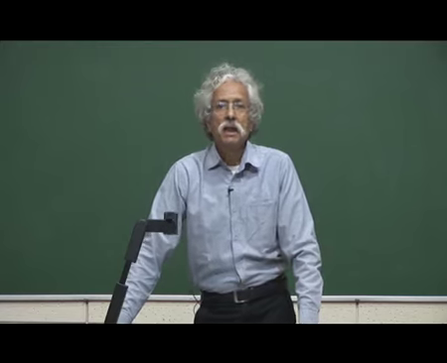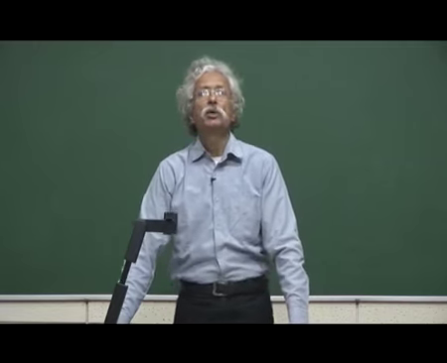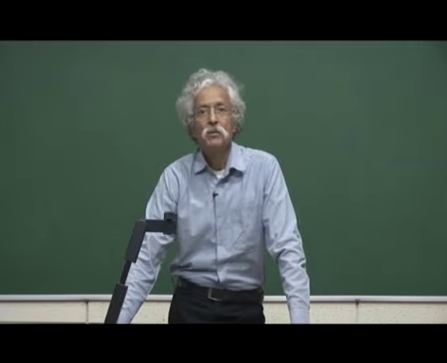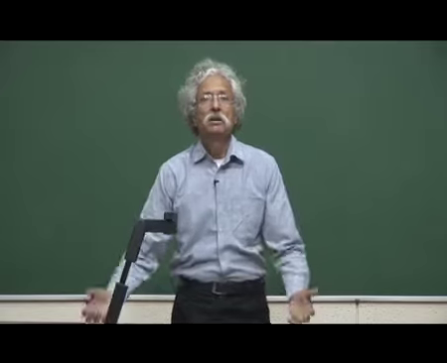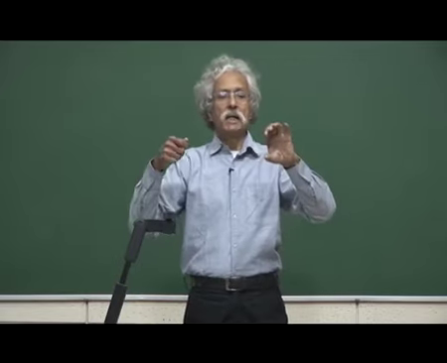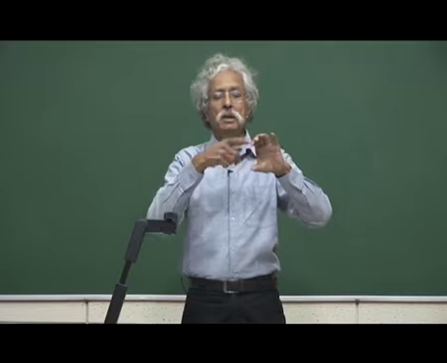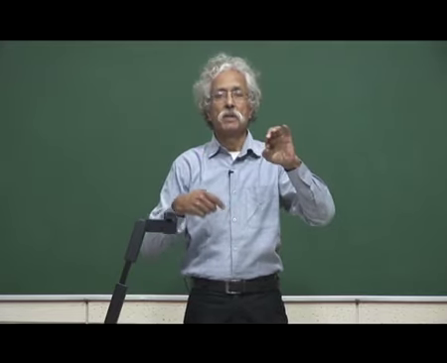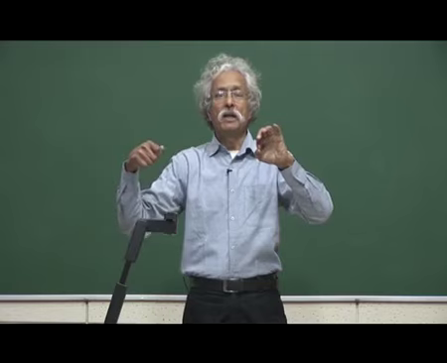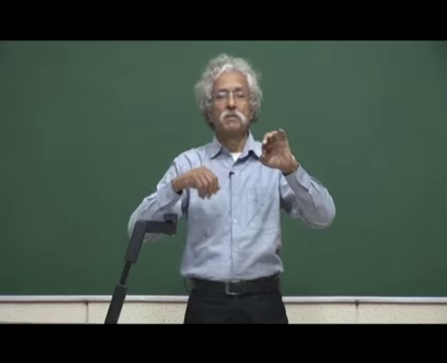You may recall that in the last lecture I had showed you some demonstrations of Faraday's laws. We saw that if you have a magnet and a coil, and if you move the magnet towards the coil, there is a current produced in the coil, and if you move the magnet away, the direction of current reverses itself.